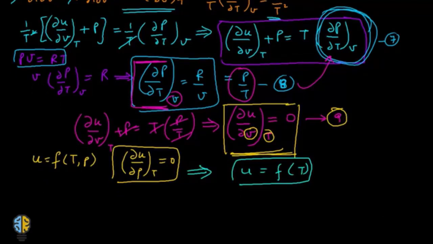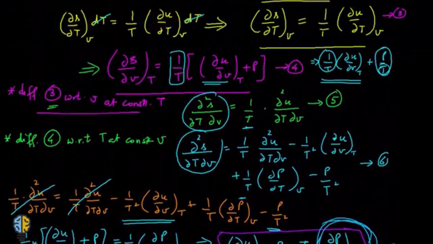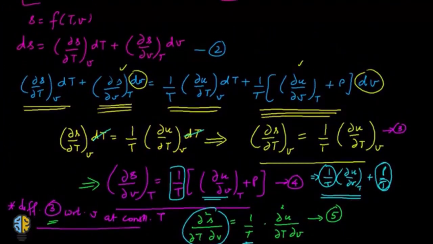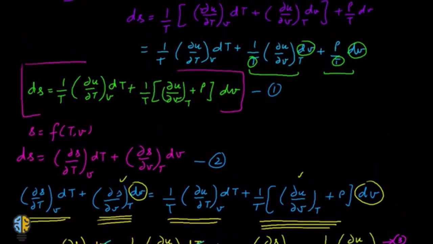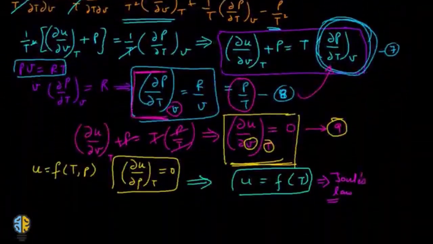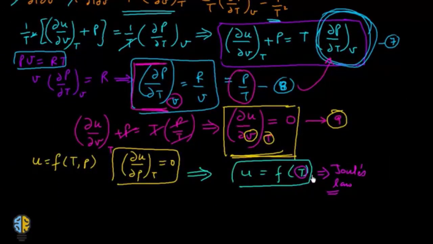And for an ideal gas, this particular equation, that is U is equal to f of T, is known as Joule's law. So I hope you understood this video in which we explained how internal energy is only a function of temperature in the case of an ideal gas.